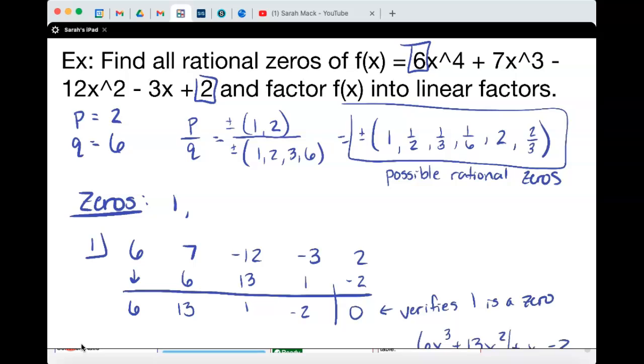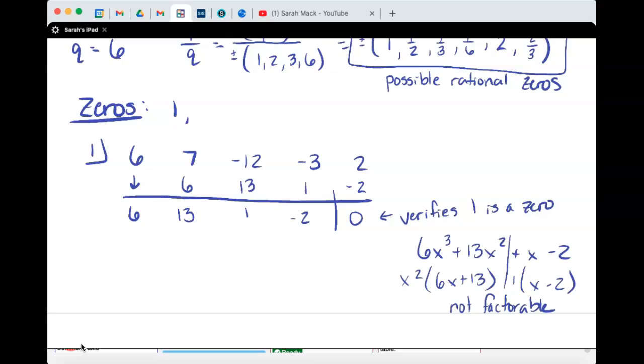Technically, it doesn't matter. You could do it into the cubic, that's 6x to the 3rd, easier.